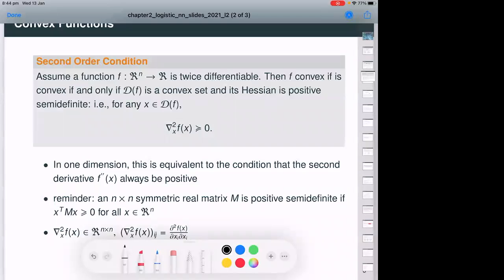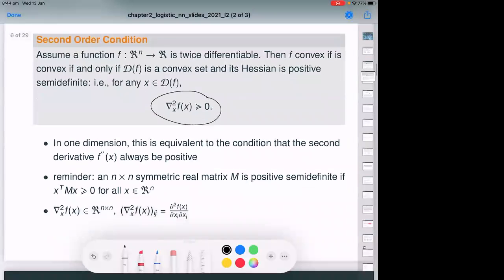Semi-definite. Okay? So the notation is this for Hessian positive. So the Hessian is just the second derivative of your function. And if you compute the Hessian and it is positive semi-definite, then you show that your function is convex. Okay?